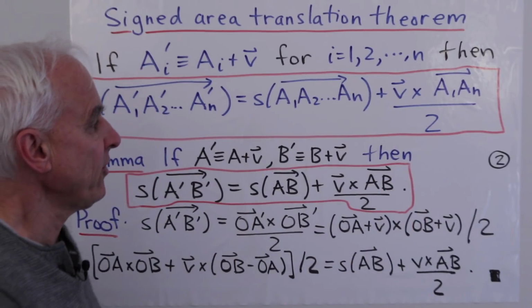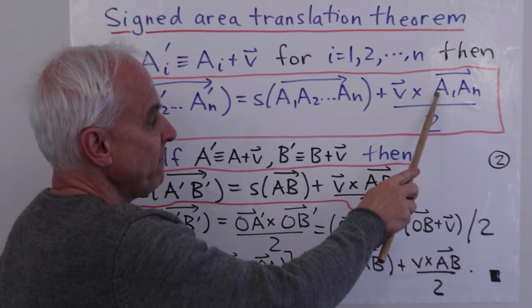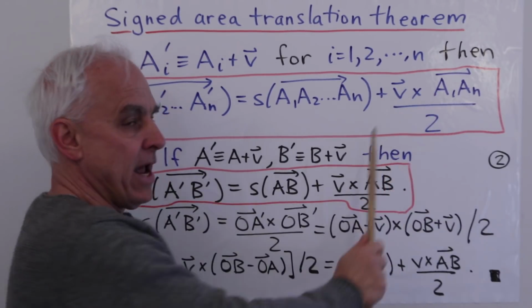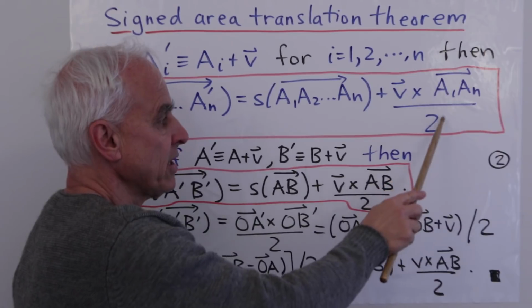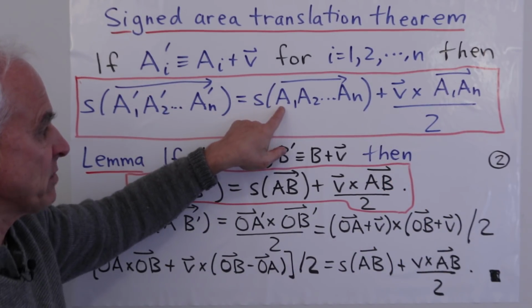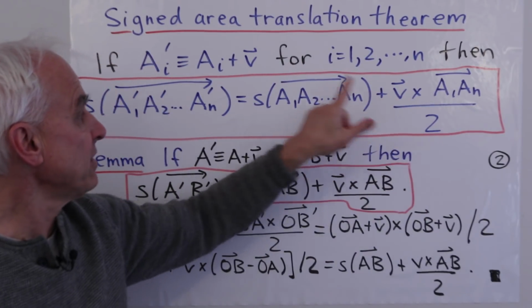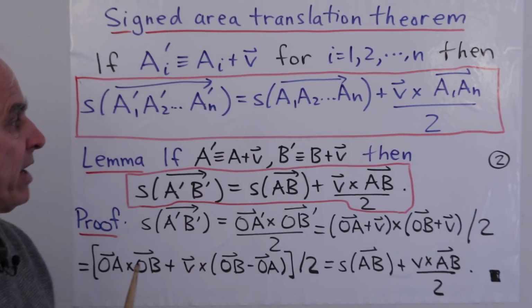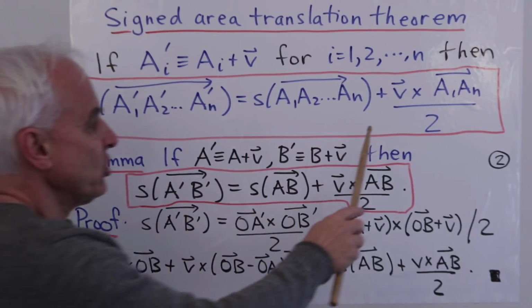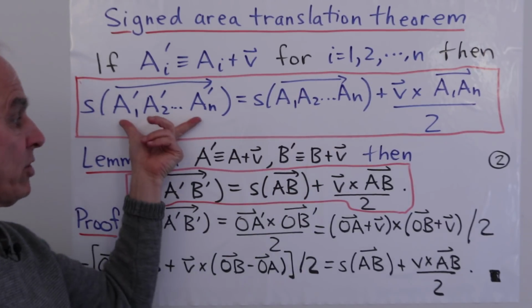And the additional term is the cross product of V with the vector A1, AN, that cross product divided by 2. So the vector joining the first point to the last point, that's that vector there, and V is the vector that we're translating everything by. So that's the adjustment that you have to make to the area of an oriented spline when you translate it.